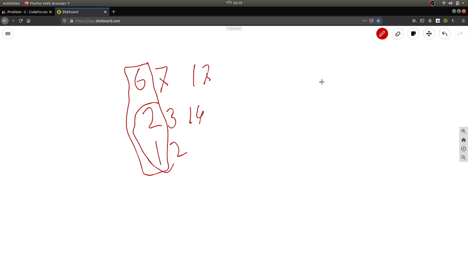If we do that we get an answer, one of the answers. So the whole sum is 6 plus 7 plus 17 plus 2 plus 3 plus 14 plus 1 plus 2. So the total sum is 52.